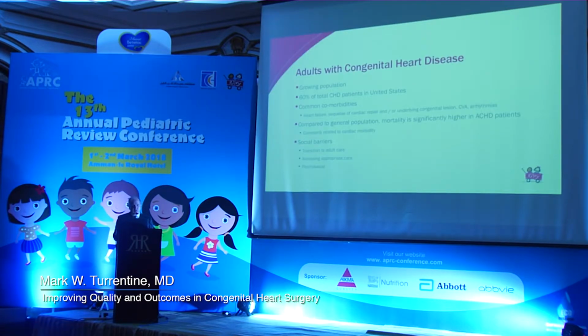In our country, we now have 60% of congenital heart disease patients who are adults, and that's a growing population. So we've had a number of children survive their defect repairs, and now we have adults with repairs, and they have developed into a whole other population to work with.